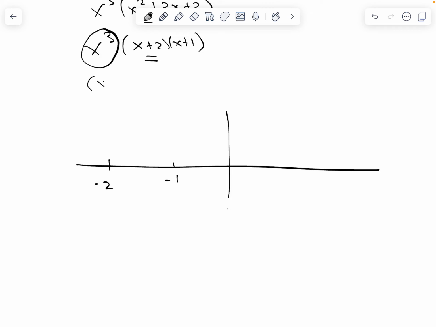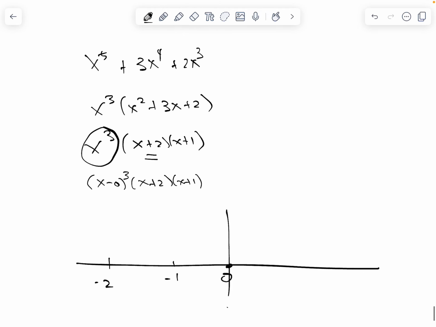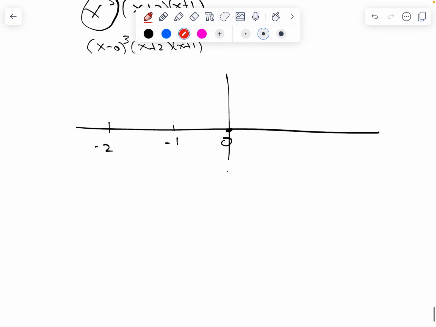Well, I could rewrite this as x minus 0 cubed, and now it might be a little bit easier to see that 0 itself is a zero, right? Because if I go back to the original equation and plug a 0 in for x, then that would also make the equation go to 0. So 0 itself is a zero, meaning a number that makes the y value go to 0.